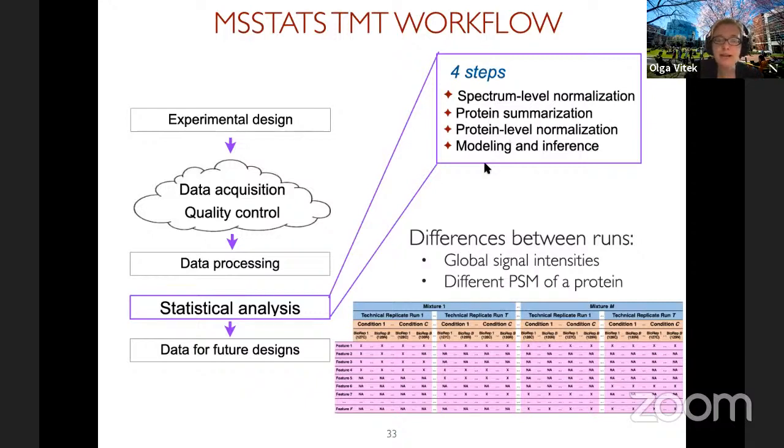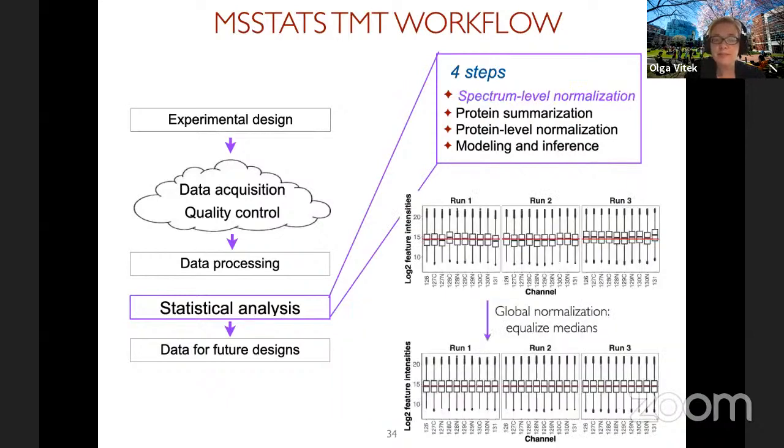Because we have more complexity here, we actually have four steps: first normalization at the spectral level, second the summarization at the protein level, then another round of normalization at the protein level, and statistical modeling and inference. So let me walk you through this.